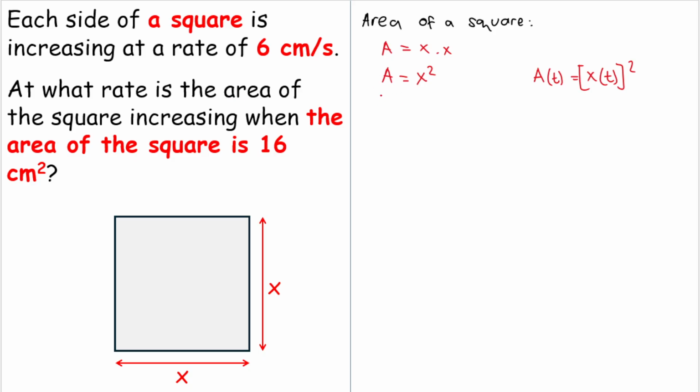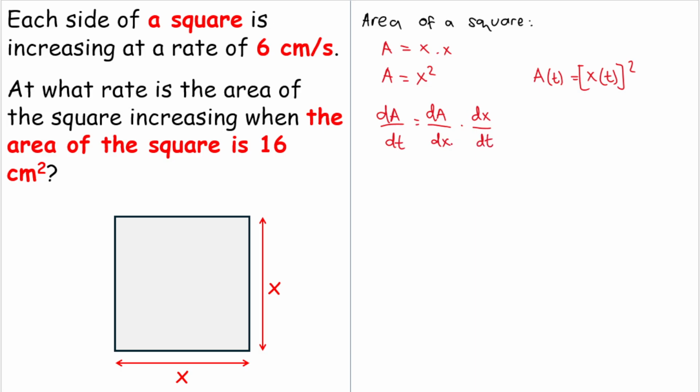Good. And now, because we need to find the rate of increase of the area, we need to take the derivative of A with respect to t. So we will have dA over dt. However, we have only the x variable here, so we can only differentiate A with respect to x. But to get this, we need to multiply by dx over dt, right?